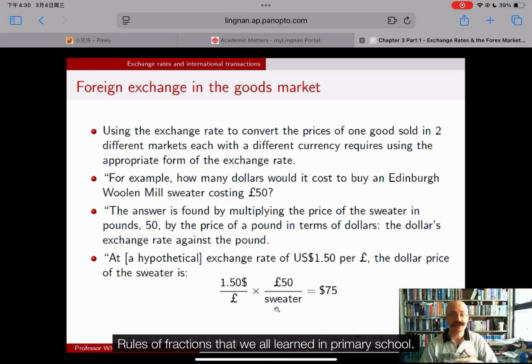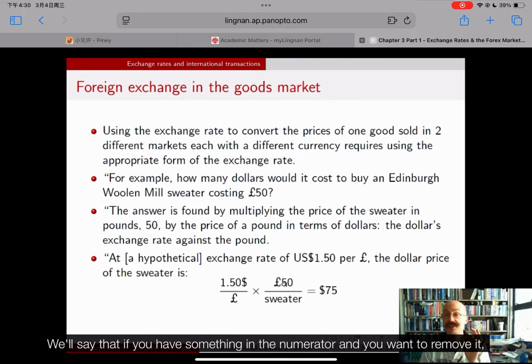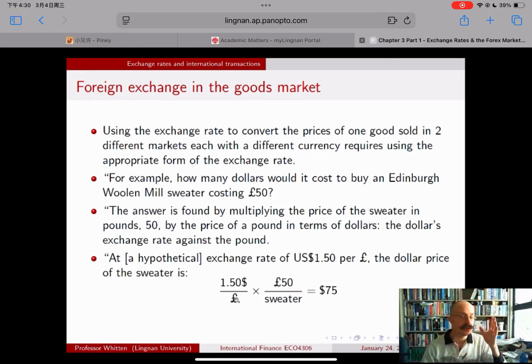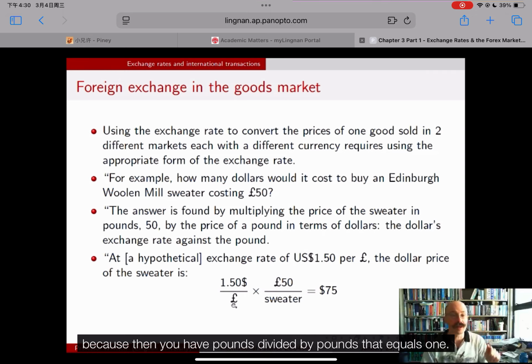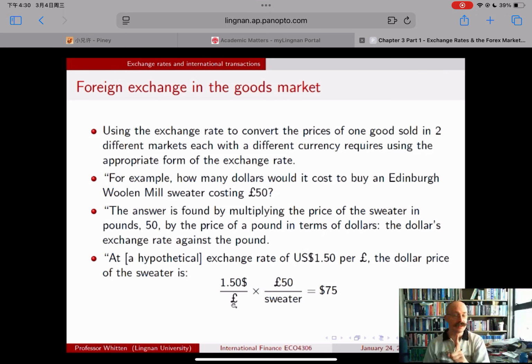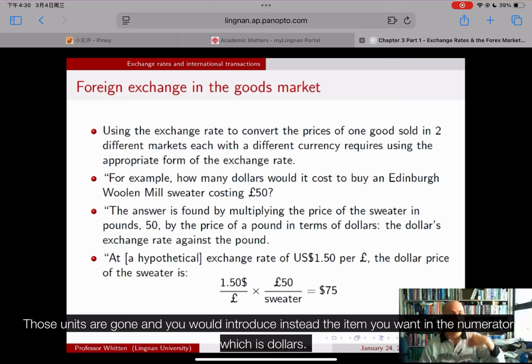Rules of fractions that we all learned in primary school will say that if you have something in the numerator and you want to remove it, you should multiply this fraction by a fraction with the thing you want to remove in the denominator, because then you have pounds divided by pounds, that equals 1. Those units are gone.